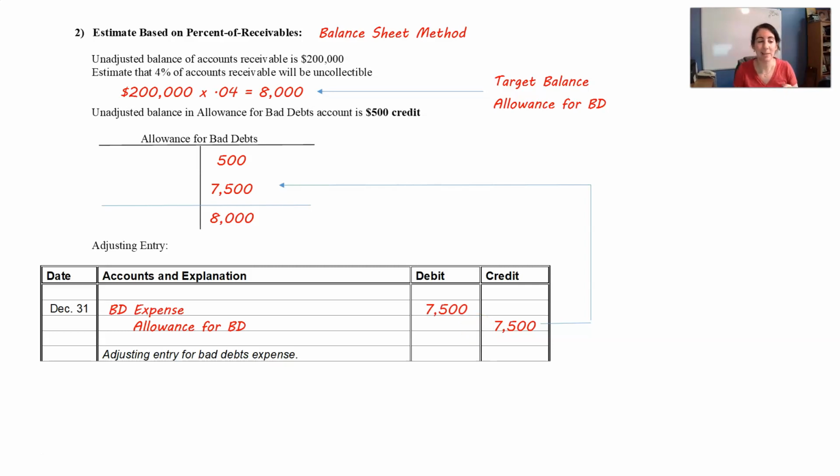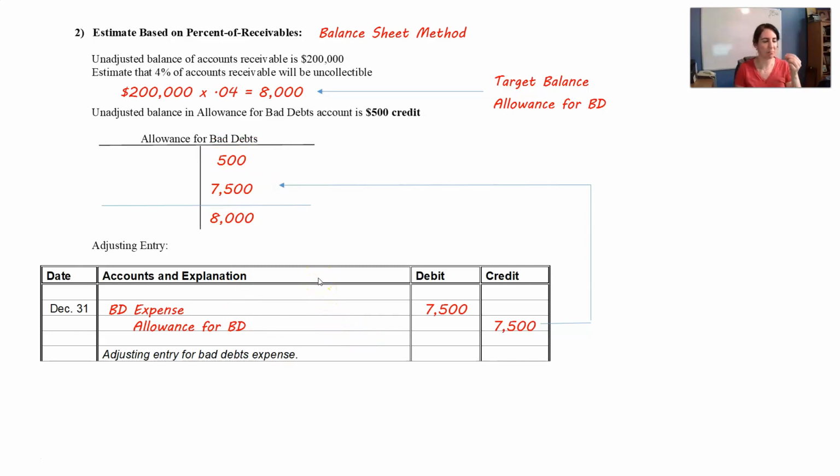So the reason this method is different is because you're looking at receivables very carefully. You're saying, of all the receivables that I have, I want the final number in the allowance to be $8,000. So you have to look at what's in there beforehand, before you start making your adjusting entry. Income statement method's different.